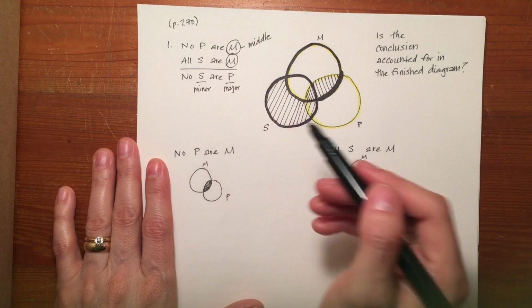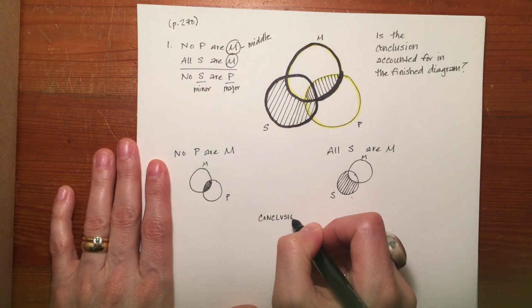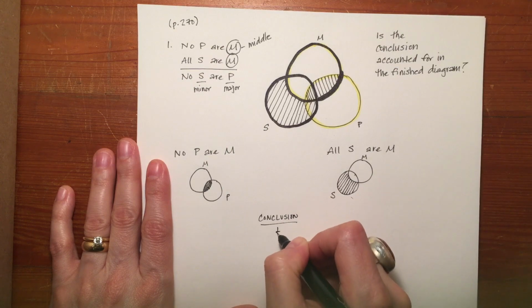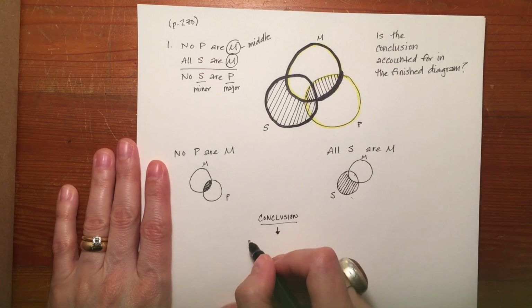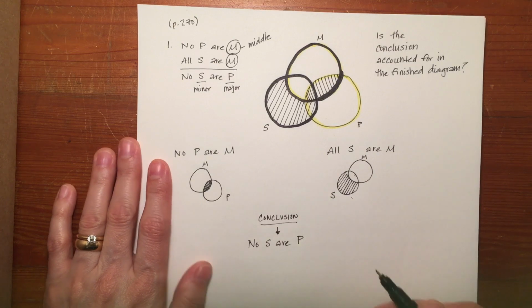The conclusion is no S is P. So let me draw it out for you here just so that you can see what I'm talking about. No S is P is the conclusion.